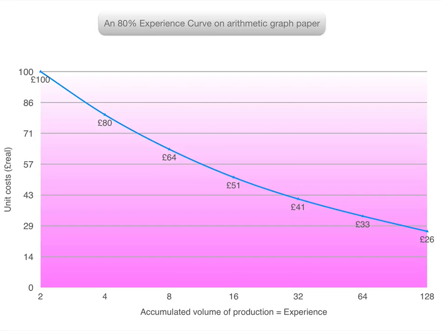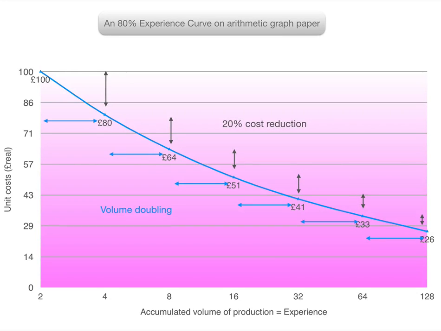And along the bottom we have the accumulated volume of production, which of course is the experience, and going up the left hand side, the unit costs. And you should be able to see that every time the volume doubles, the unit costs decline by a fixed amount, in this case 20%. But you should also notice that unit cost reductions reduce greatly as volume increases.